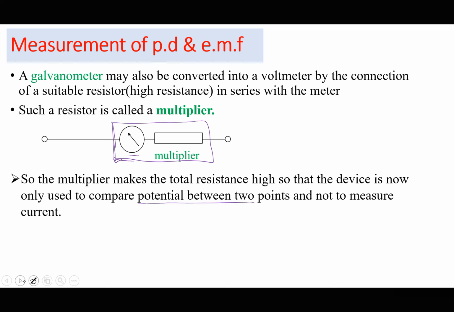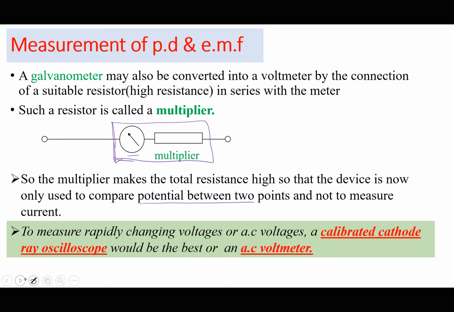One important thing to note is that in the absence of a voltmeter, a galvanometer, and an ammeter, we should be very careful to choose the most appropriate instruments. In many cases, we have what we call rapidly changing voltages, such as alternating voltages or alternating current.